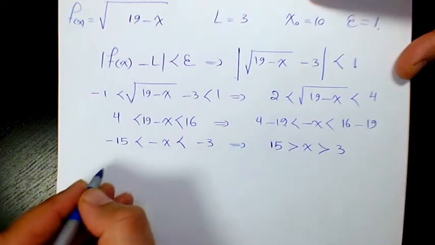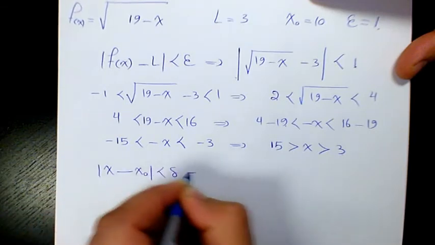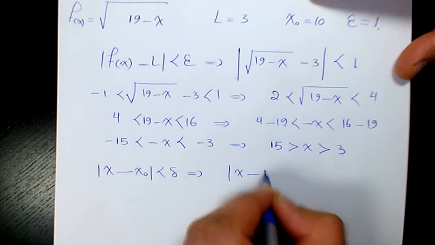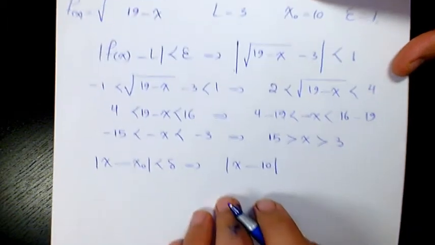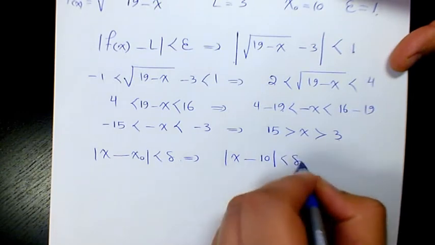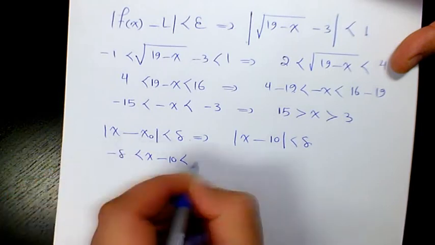On the other hand, we have the absolute value of x minus x naught less than delta, which in this case is x minus 10 less than delta, between negative delta and positive delta.